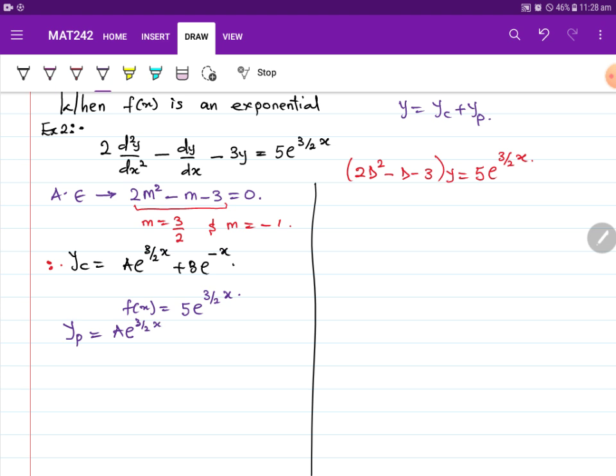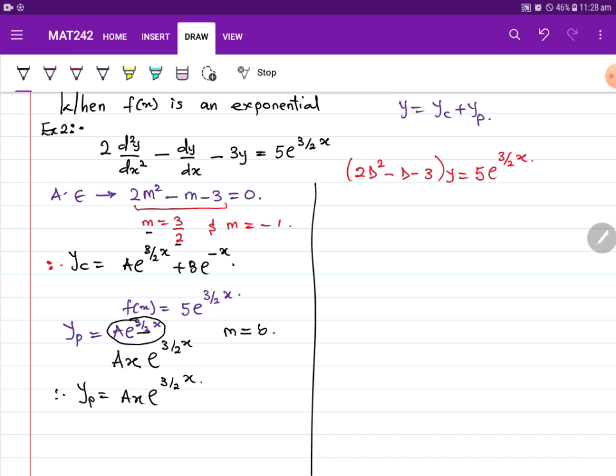But I realize that my m is 3 over 2 and this b here is 3 over 2. Since m is equal to b, this is not correct. You will now be using ax exponential 3 over 2x, which I explained in the definition earlier. Therefore, yp is equal to ax exponential 3 over 2x.